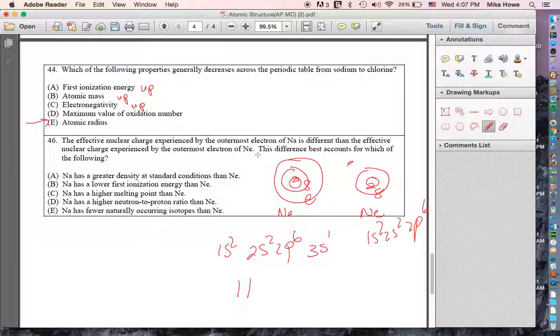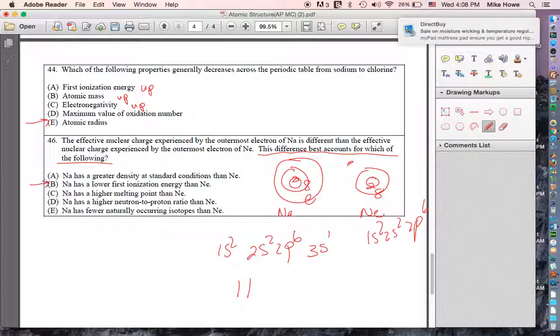So the difference in nuclear charge best accounts for which of these conditions? They want to know which of these things is caused by this reduced charge on this electron. And the answer to that one would be one of our periodic trends. So sodium has a greater density? No. Is it B? It is B.